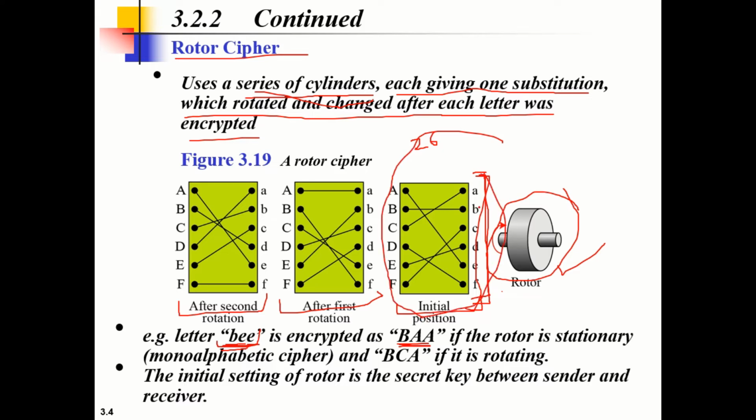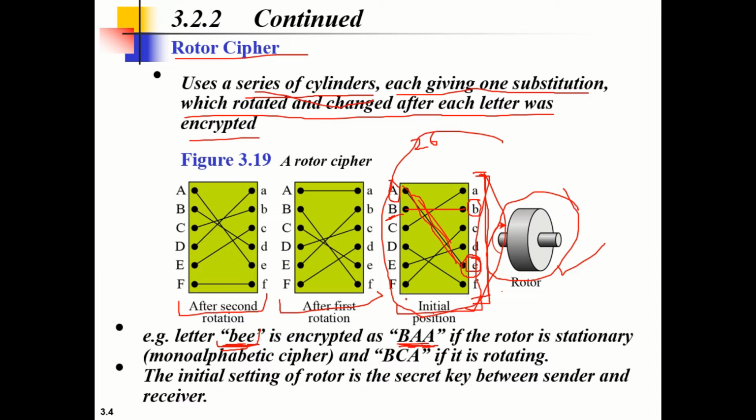You can check it: the entry we change while enciphering, we change this small b with capital B. Then for this small e, its corresponding cipher text is capital A, so capital A is written over here. Again for e it will be capital A, so another capital A is written over here. That is a case of monoalphabetic cipher, because the same character is always replaced by the same cipher text.